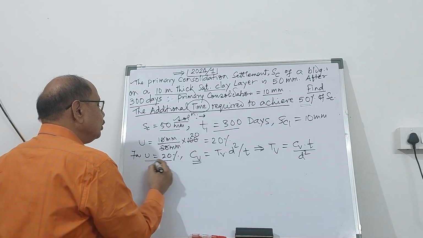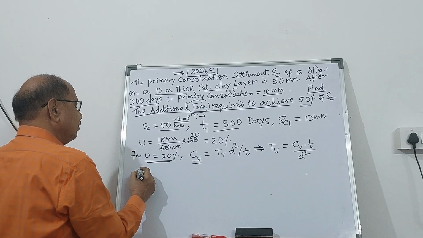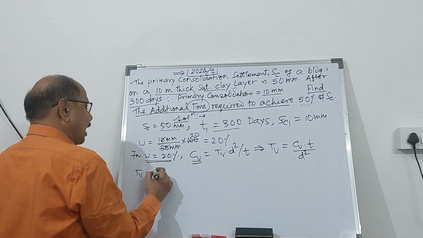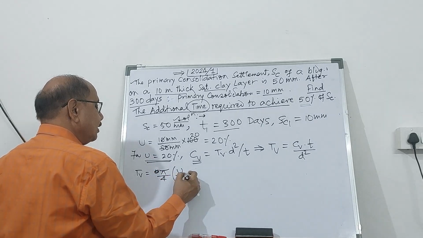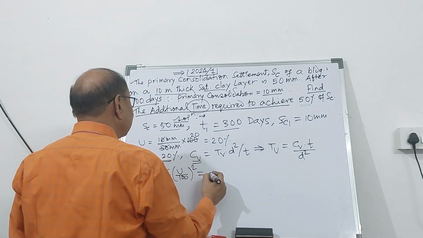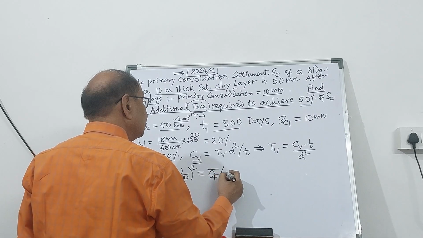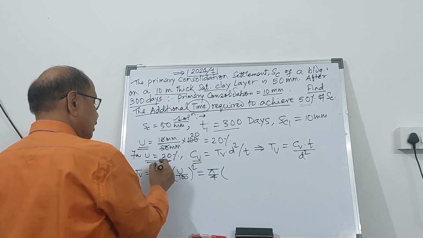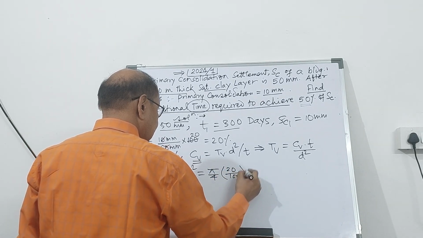Now, for U equal to 20%, the time factor TV equal to pi by 4 into U by 100 whole square, that famous formula you know. U is 20%, so it is 20 divided by 100 whole square.